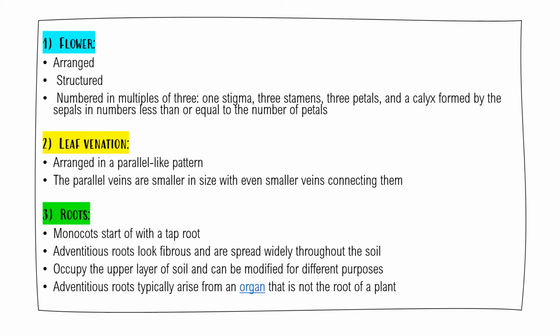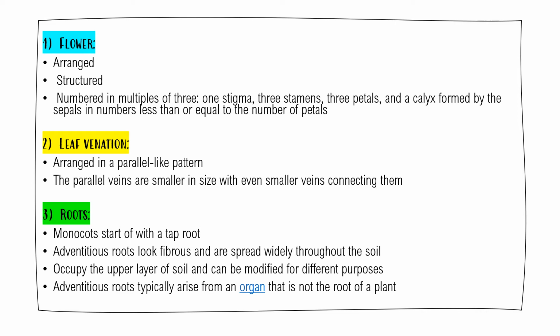Third is roots. While monocot starts off with a taproot, these taproots tend to die soon after germination and are replaced by adventitious roots. Adventitious roots look fibrous and are spread widely throughout the soil in many different directions.